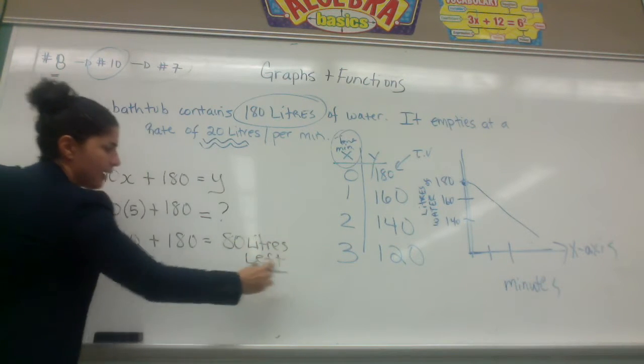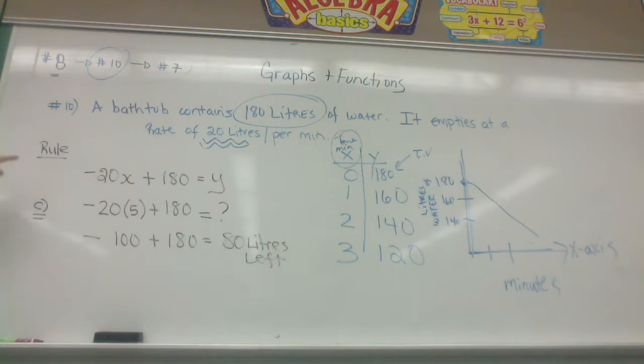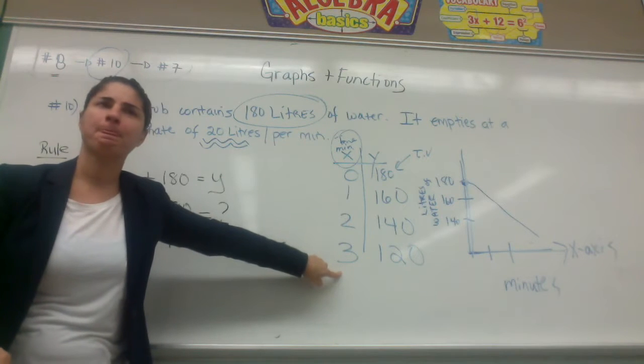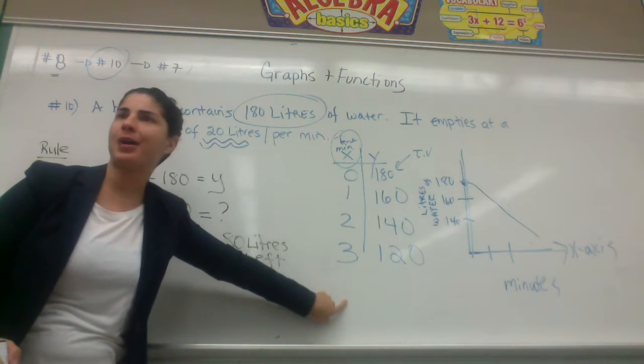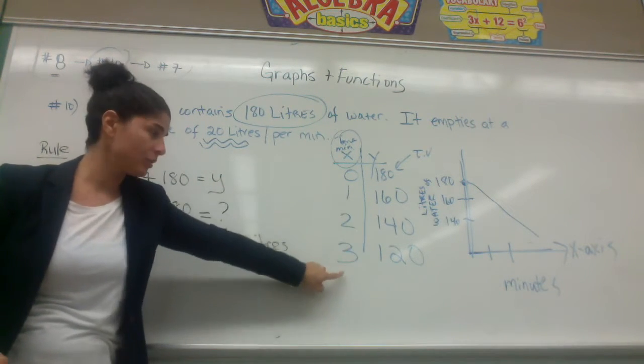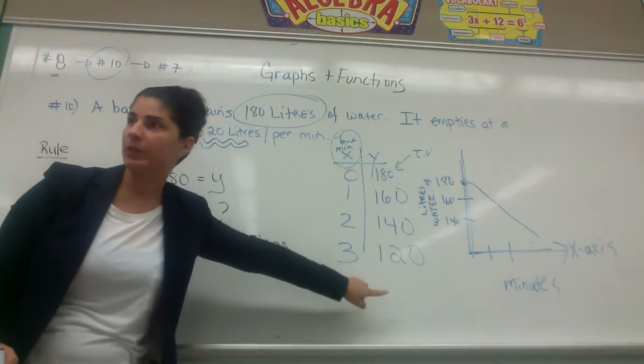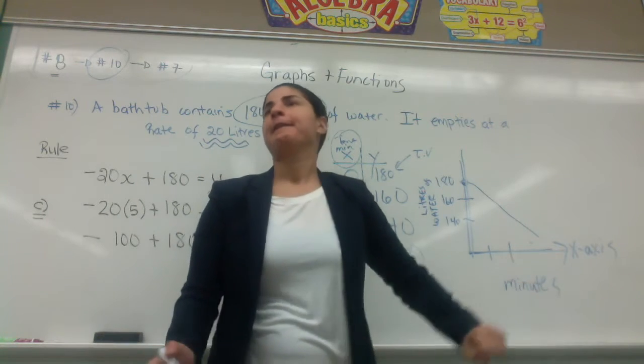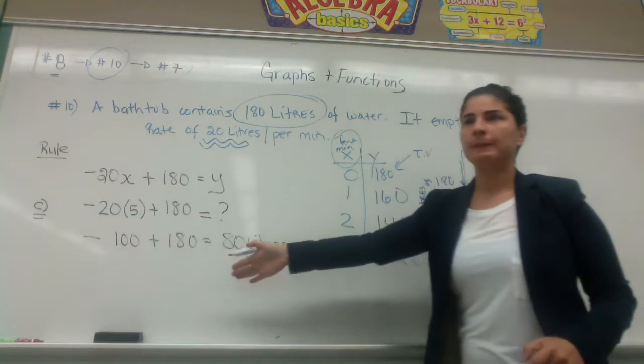So I've now answered using my rule. The question was after 5 minutes. Could I have found it in the table? Yes, I could have continued my table of values down to 4, then 5. I'll still get the 80. Could I have found it using the rule? Yes.